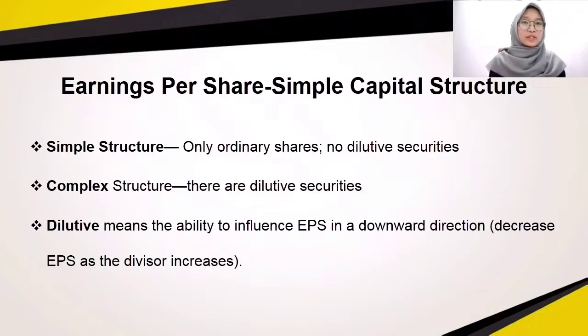And in the complex structure, there are dilutive securities, which means the complex structure includes securities that could have dilutive effects on earnings per ordinary share. And dilutive means the ability to influence earnings per share in a downward direction, decreasing earnings per share as the divisor increases.